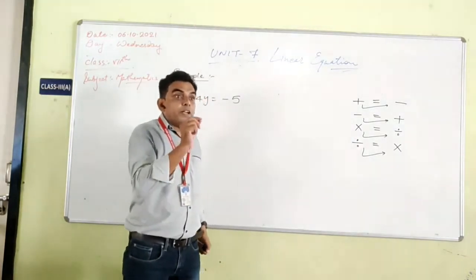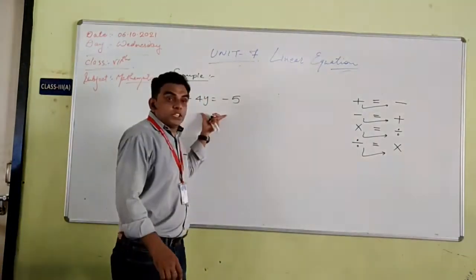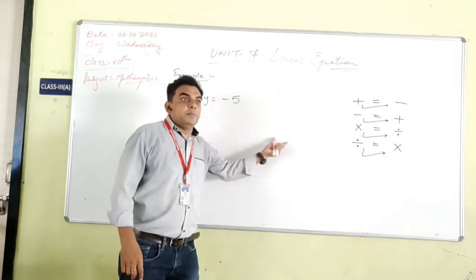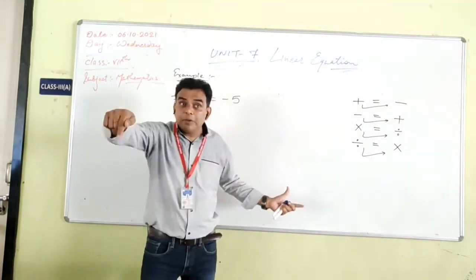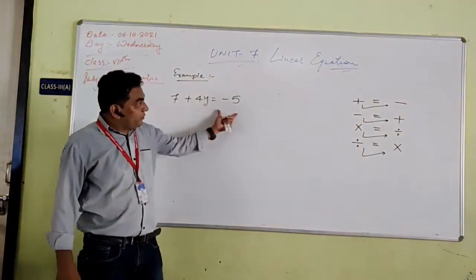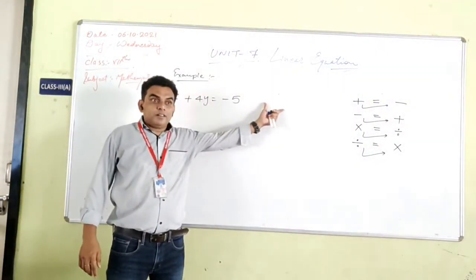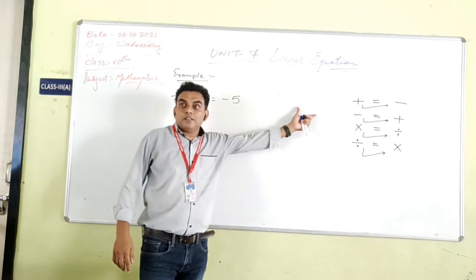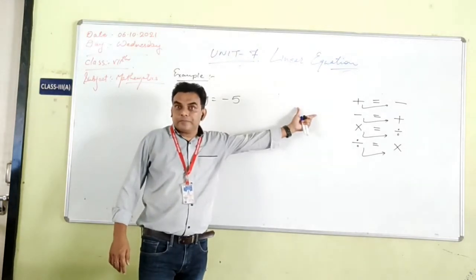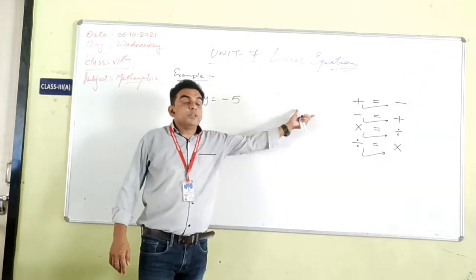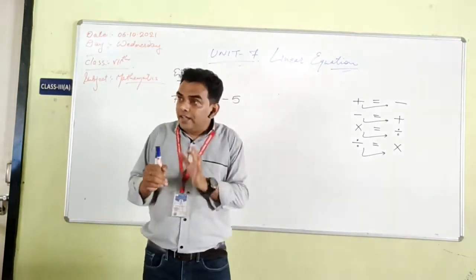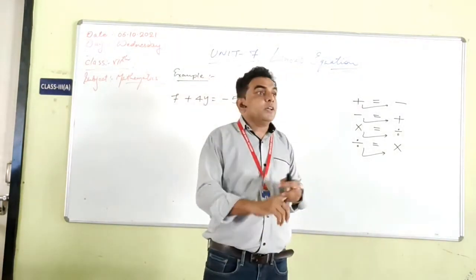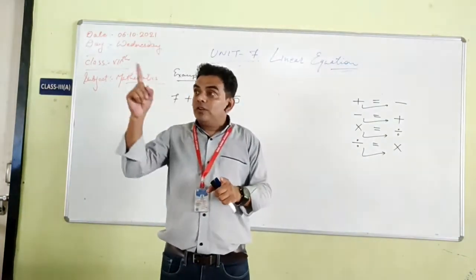Suppose it may be, find the value of y from this equation, and the options are A, B, C, D. It is an MCQ. Or the value of y is given and it is true or false, right or wrong. Understood what I am telling? You can just solve that one also. If you want to find the answer, if you want to find y, you can just solve first, then you will get the answer.